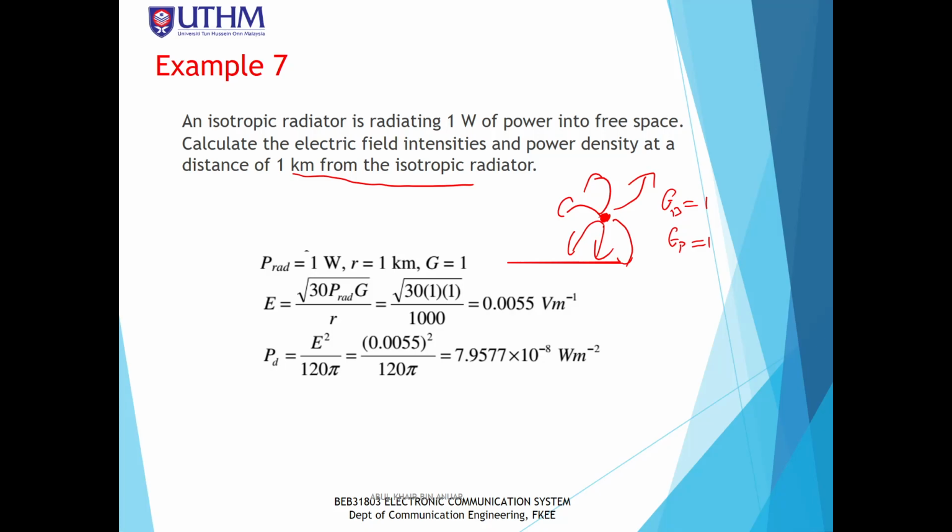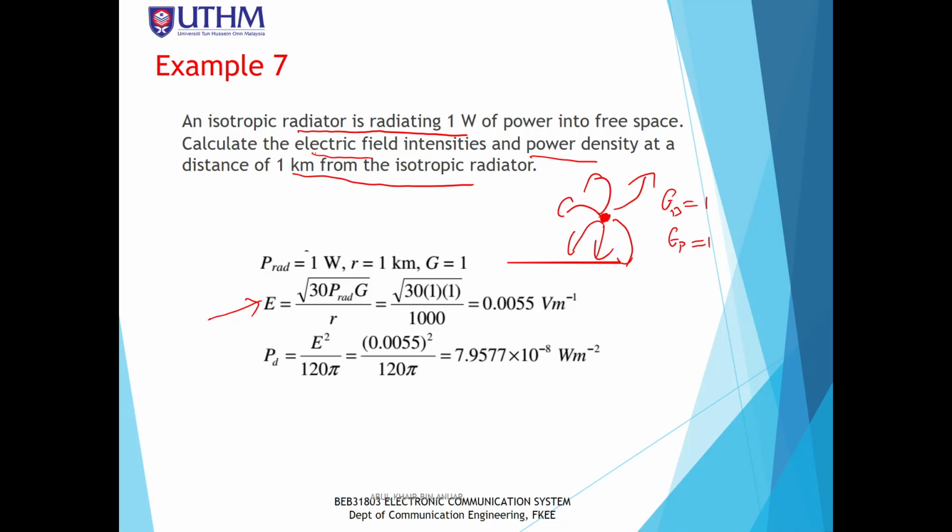And the question asks how much is the electric field and also the power density. Two things. The question asks about E and also PD. So the E field we can use here. Sorry, so you are given the radiating power.